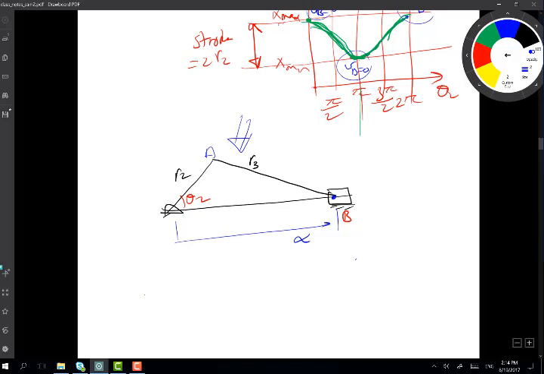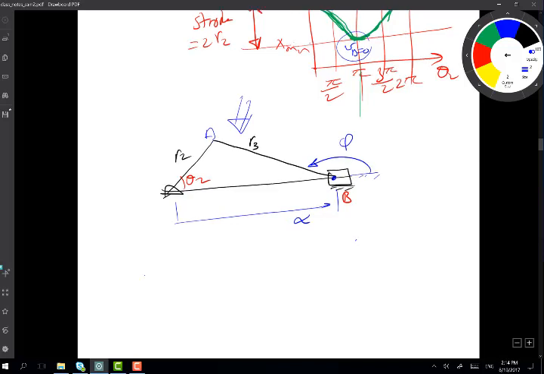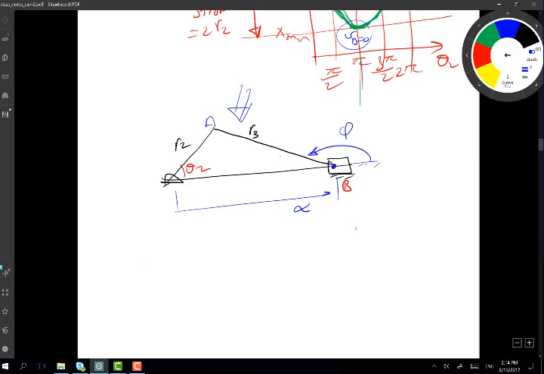So what if I decide to take this angle here? I'm just going to refer to this angle as the angle phi. I could have taken the angle inside if I wanted to.